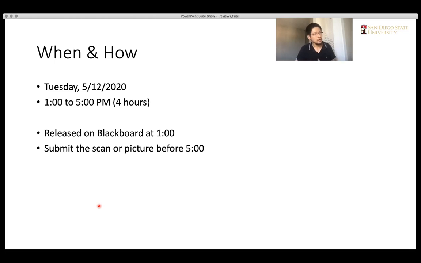The time and how you need to get the question sets and submit it are basically similar to our second midterm. And I give you 4 hours as an extended time, but that doesn't mean that you must fill all these 4 hours. There are not that many questions, honestly.